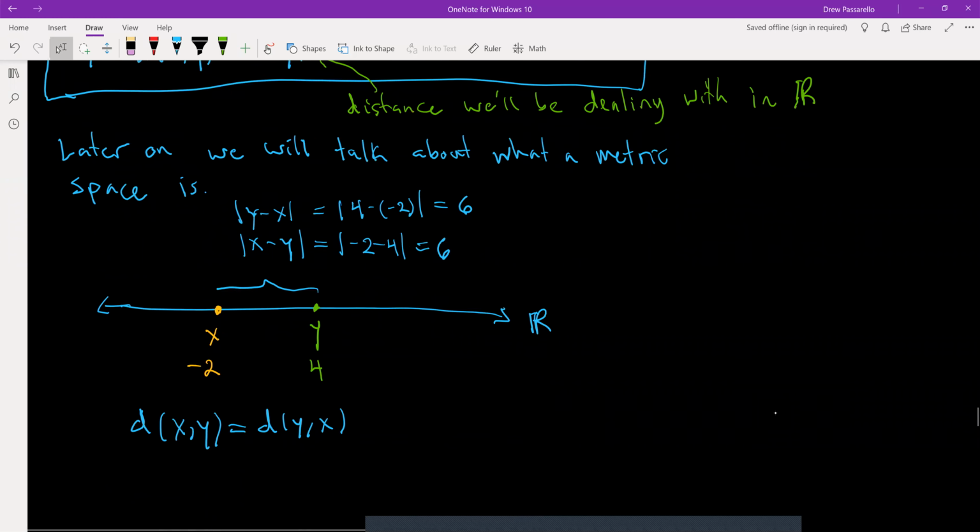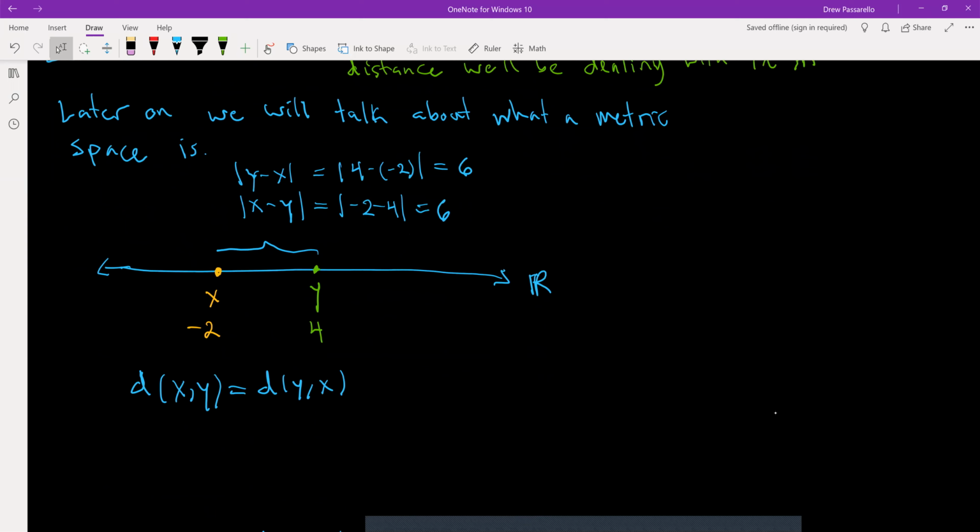So as an example, here I have the real number line, and I labeled x in gold as being -2 and y in green as being 4. And I just showed that the difference of the absolute values, so if you did y minus x, that's 4 minus -2, that gives you +6. And if you switch the order around, you do x minus y, the absolute value gives you the same thing, 6.